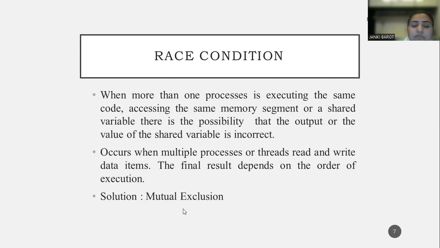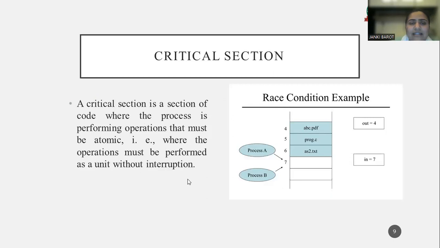Its solution is mutual exclusion. So we set some conditions and prepare an area or section with a restriction that only one process can be executed in that particular area. Here it is written that a critical section is a section of code where the process is performing operations that must be atomic.